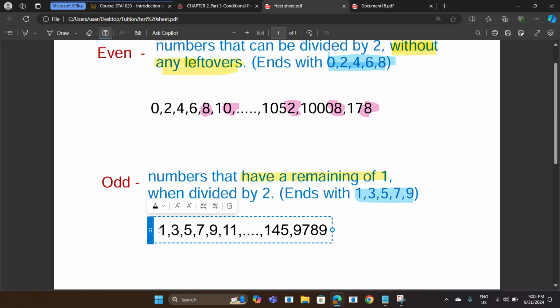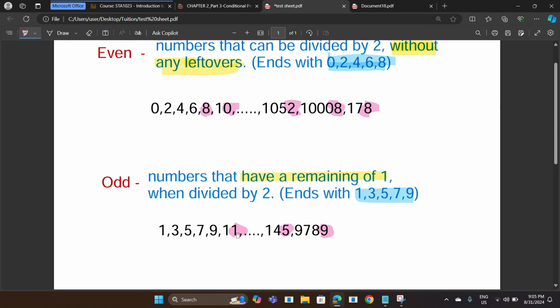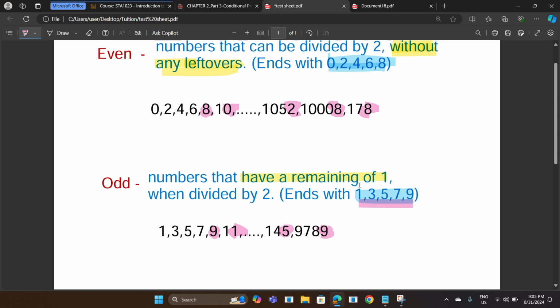This is also an odd number, because the end digit is one of these 5 numbers: 1, 3, 5, 7, 9. Okay. Now you know what are even numbers and odd numbers.